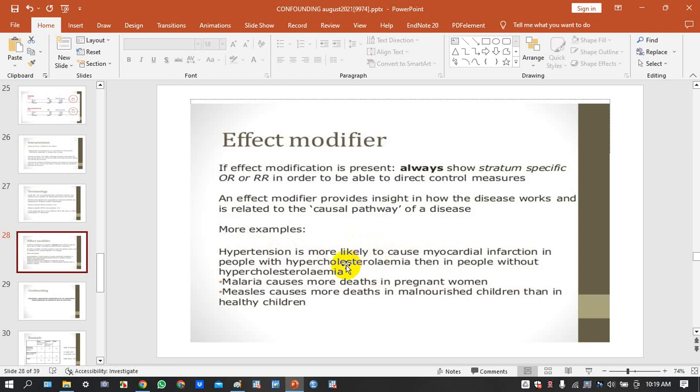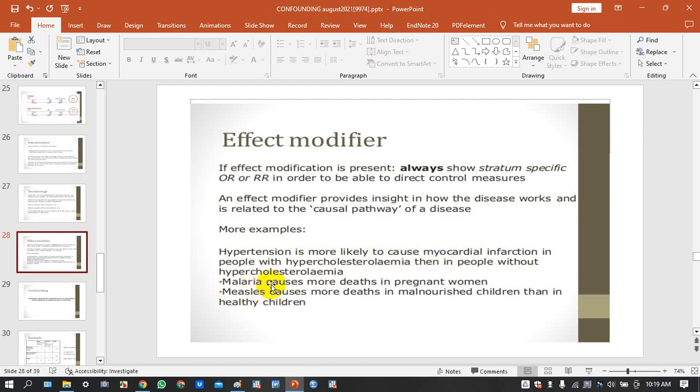Because if you have a high cholesterol level in the blood, your likelihood of getting myocardial infarction is faster and more severe than somebody who does not have a high cholesterol level. So hypertension is more likely to cause myocardial infarction when the effect modifier is high cholesterol level, because cholesterol will increase your risk.